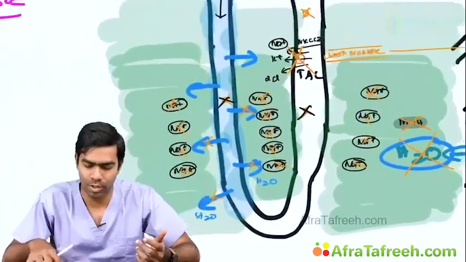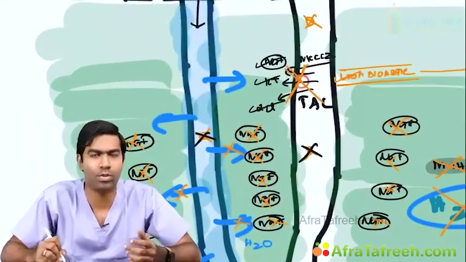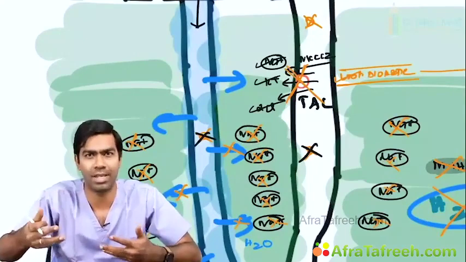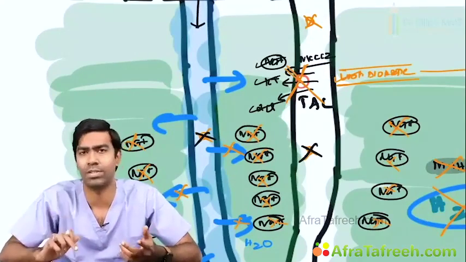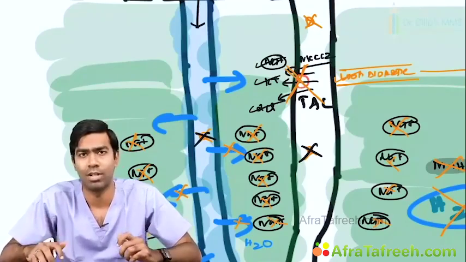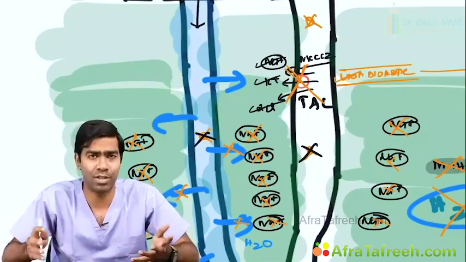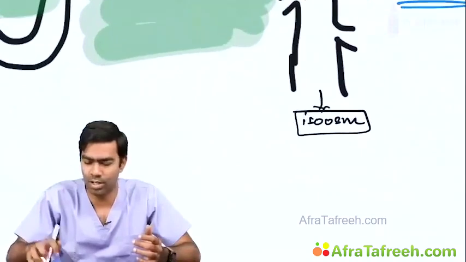That is the reason why loop diuretics are considered very powerful diuretics. It's not just because they are losing the 25% of the sodium. So yes, they are good natriuretics, because by virtue of this sodium potassium 2 chloride transporter, the physiological capacity under physiological circumstances is 25% of the sodium being absorbed. So when you give loop diuretics, they are going to lose that sodium also.